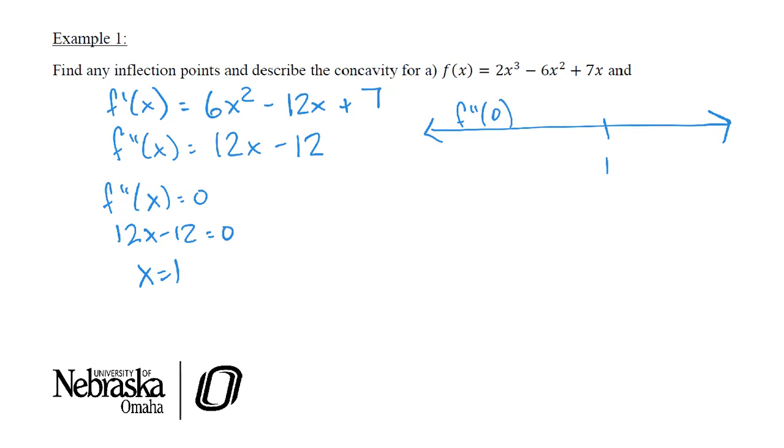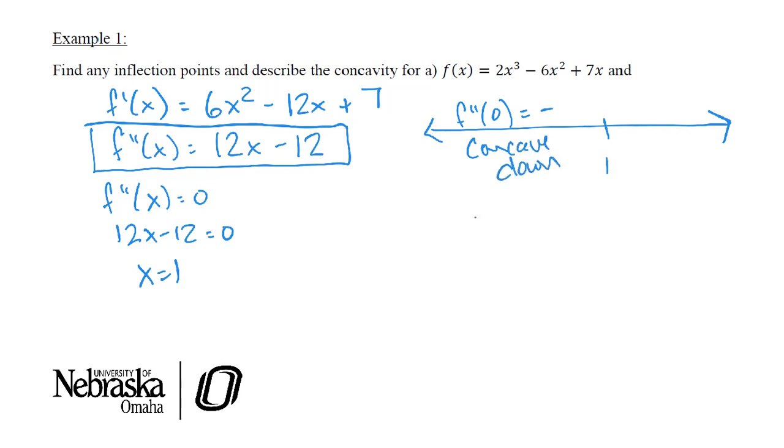Plugging it in here, we would get a negative. Now remember, negative means concave down, which looks like this. And if we check something greater, like 2, we would get a positive value. So we would have concave up, like so.